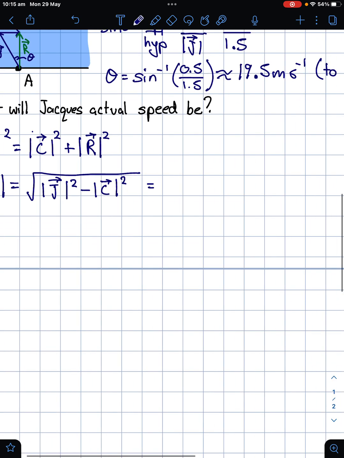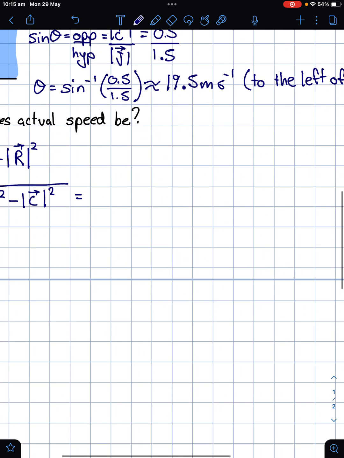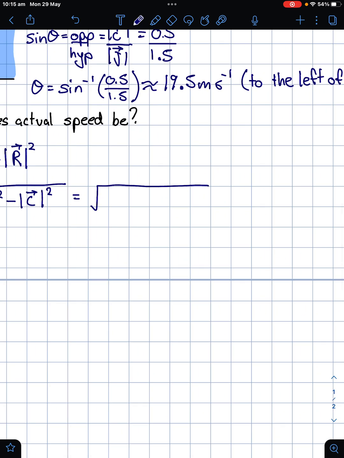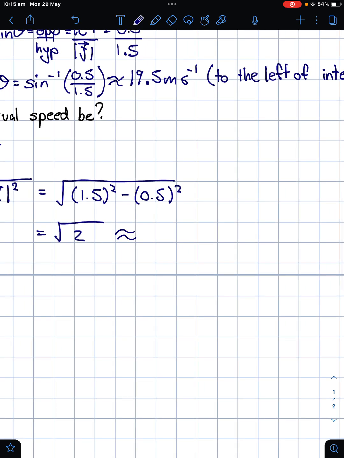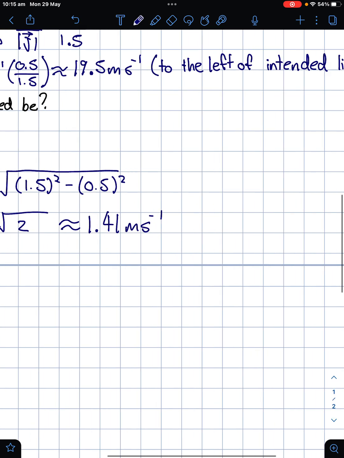If we break that out, our Jacobs vector is 1.5 squared minus 0.5 squared, which is going to equal the square root of 2. All right, and that is approximately 1.41 meters per second, the length of that vector.